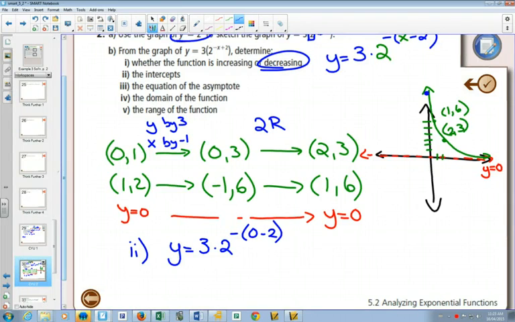And plug this in. So what do we have? We're going to have y equals 3 times 2 to the power 2. And you'll get y is equal to 12. So we would know that this point here is 0, 12.